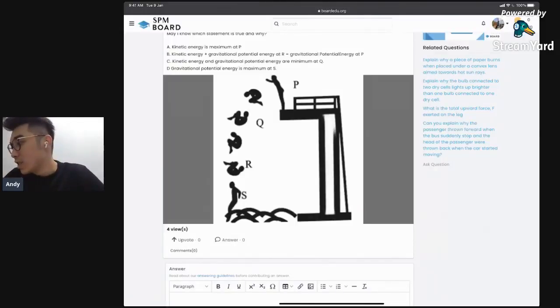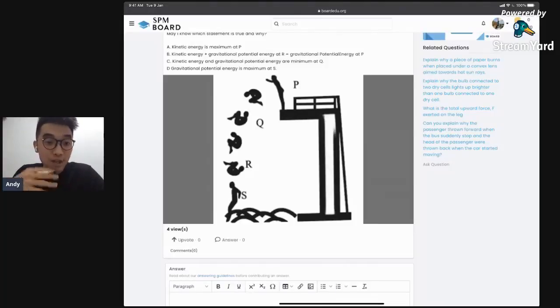Kinetic energy plus gravitational potential energy at R equals gravitational potential energy at P. Yes, it seems like R hasn't touched the water, right? If it hasn't touched the water, this is actually the time where the diver has not fully achieved the kinetic energy yet.